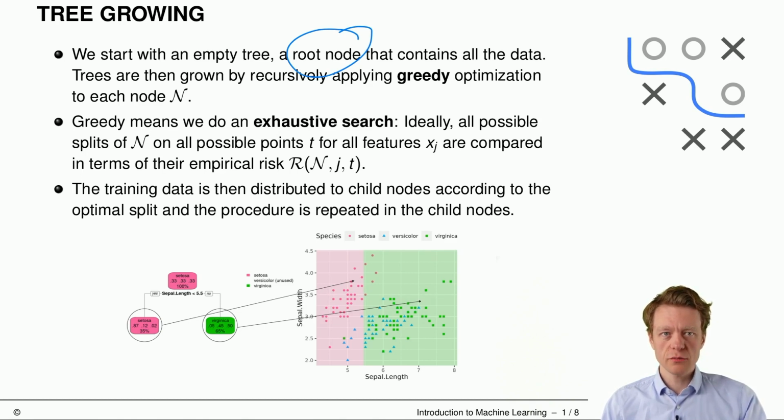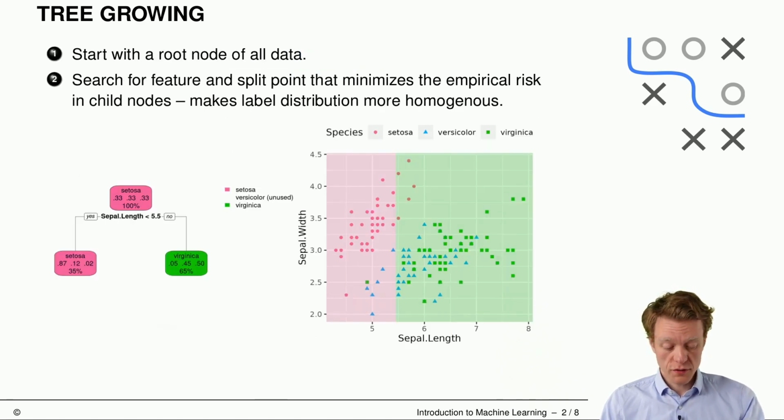Greedy optimization means that we do an exhaustive search, so ideally all possible splits of node N on all possible points t for all features x_j are compared in terms of their empirical risk. Then the training data is distributed to child nodes according to the optimal split, and the procedure is repeated in the child nodes.